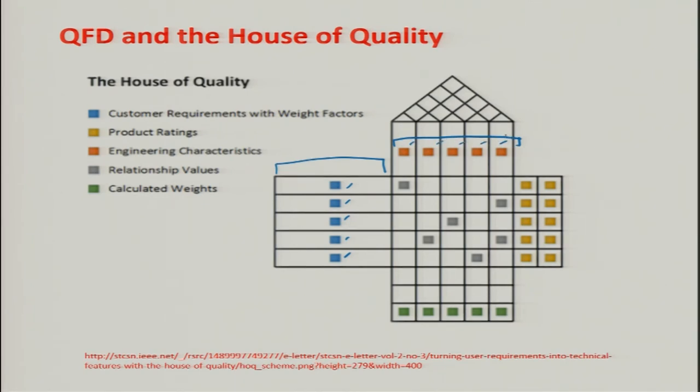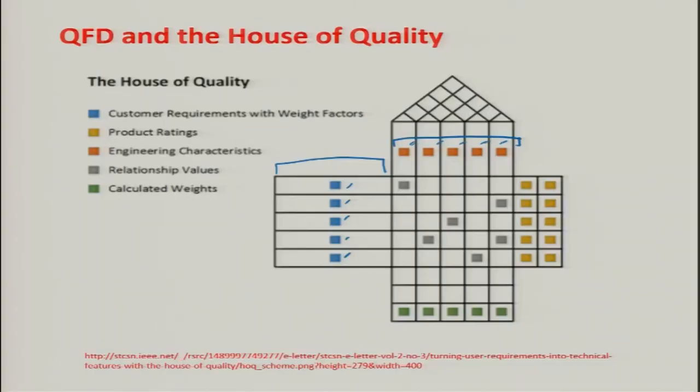This is customer rating. Again I am telling, customer rating is how customers rate the importance of the functions that they need, and this is engineering characteristics, that is, what can make the product come into the real world. This is in grey color, we have relationship values.